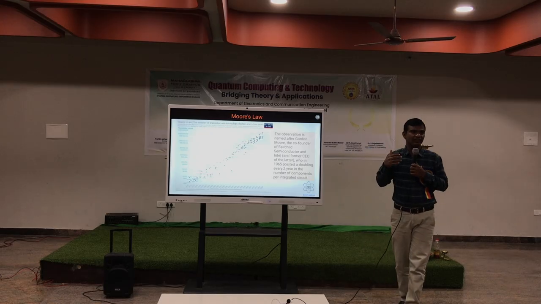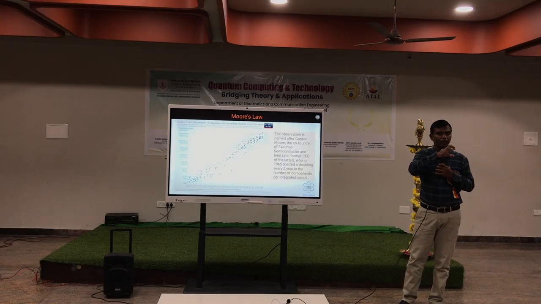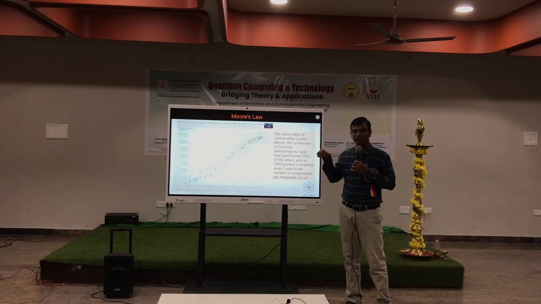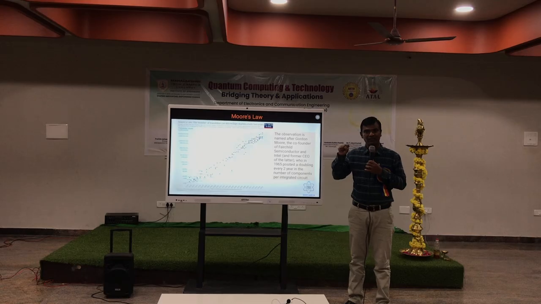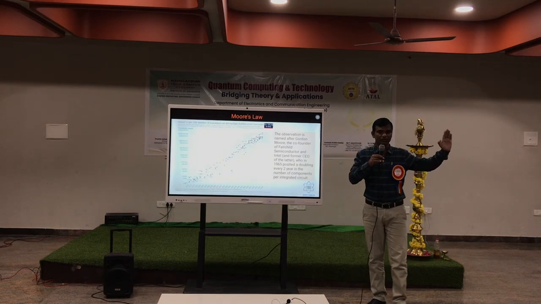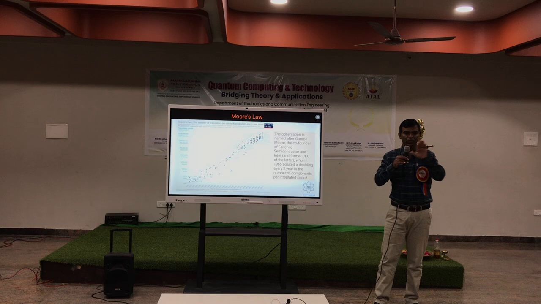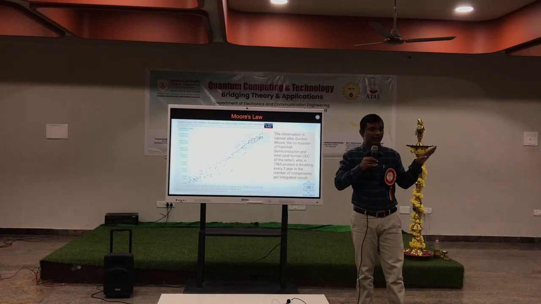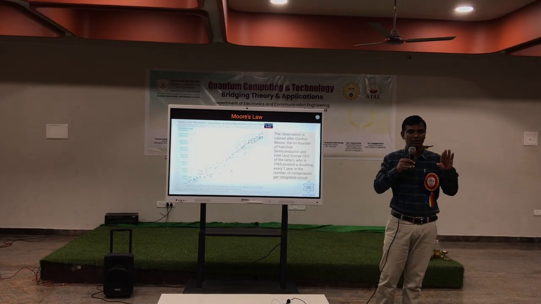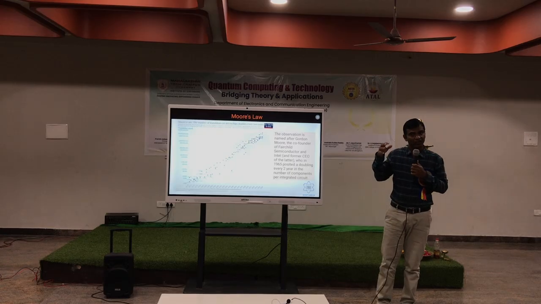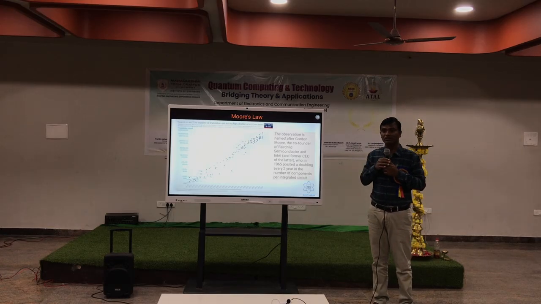It increased drastically. So to accommodate that in your circuit or at transistor level, you will require a large number of transistors. That means the process of converting your raw picture into binary representation is called encoding. And in QML, that means quantum machine learning, you will learn different types of encoding processes.